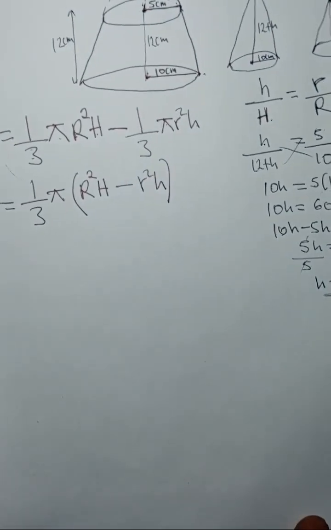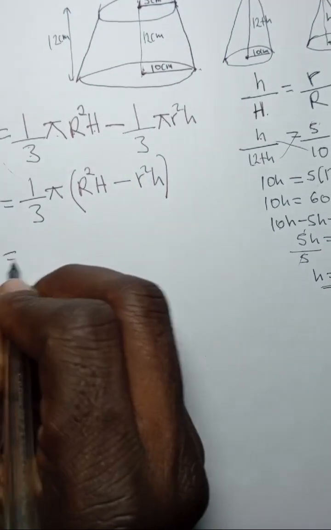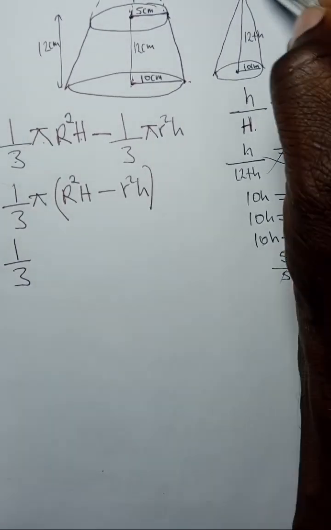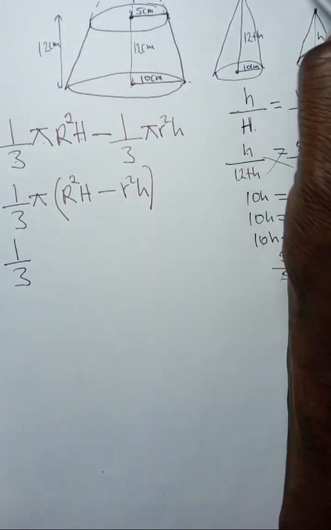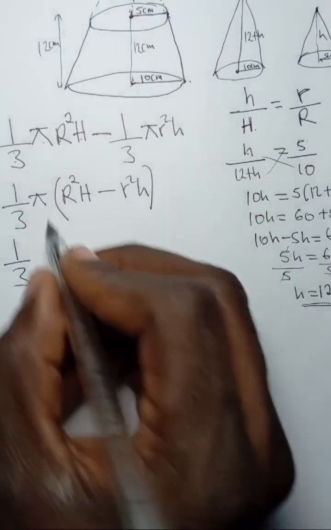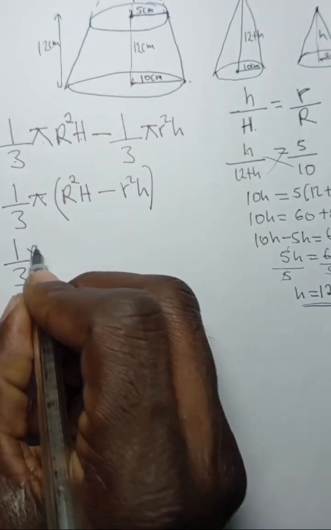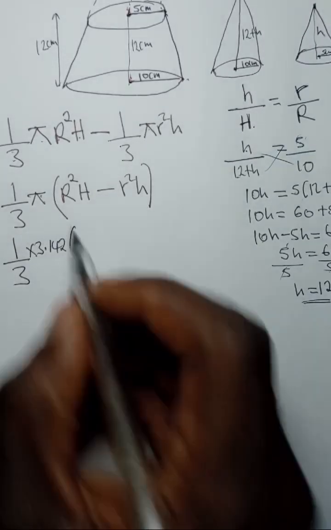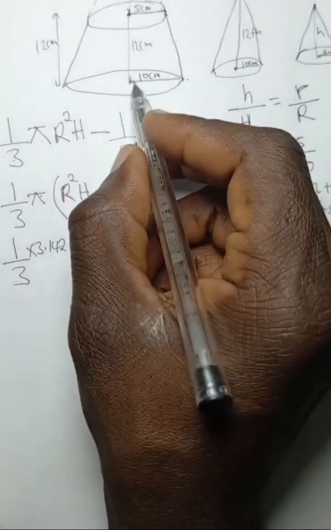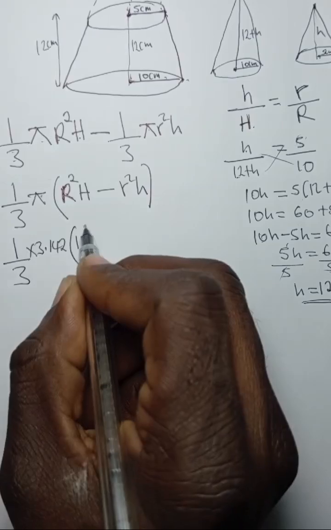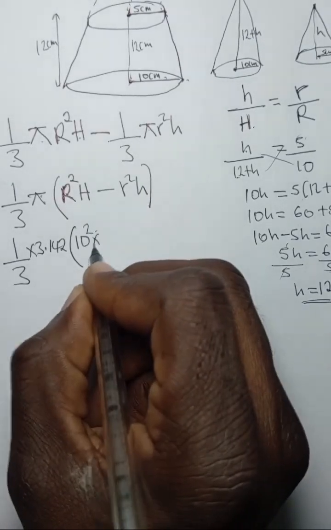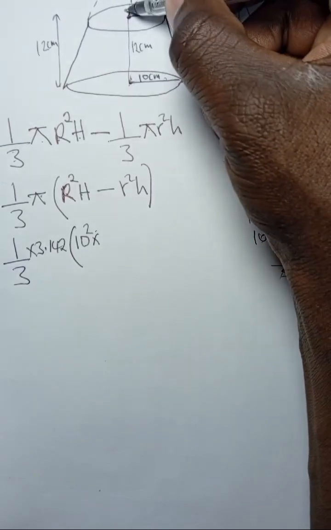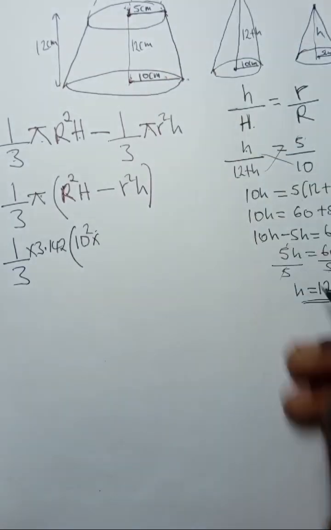Now when you reach this point, it is just a matter of plugging in. You have 1 over 3, and take pi to be 3.142. Where there's pi here, you multiply by 3.142. You open the brackets. What's the radius of the bigger one? You have a 10 here, so 10 squared multiplied by the height. We need to add: from here up to there it is 12, and from here up to there is also 12.